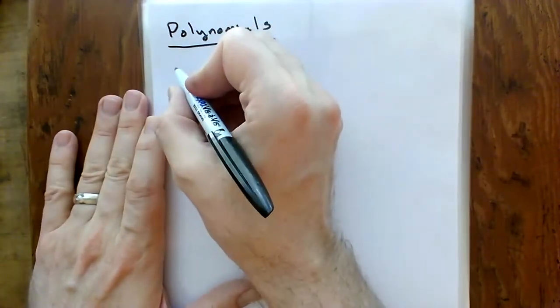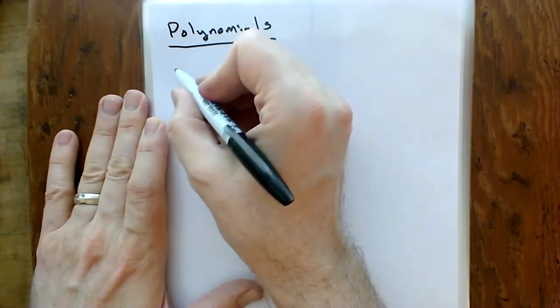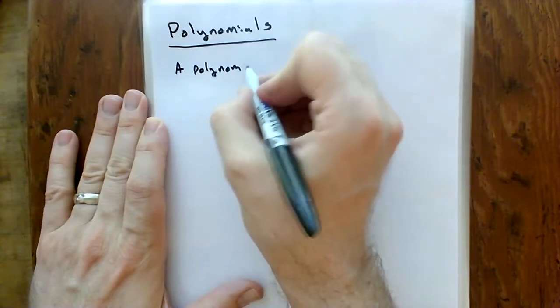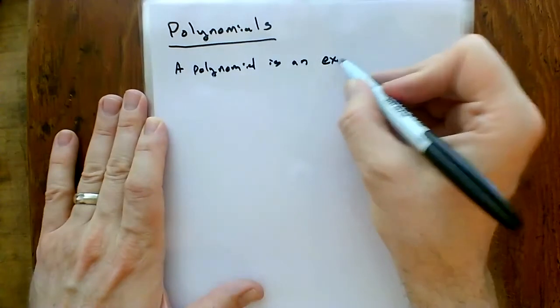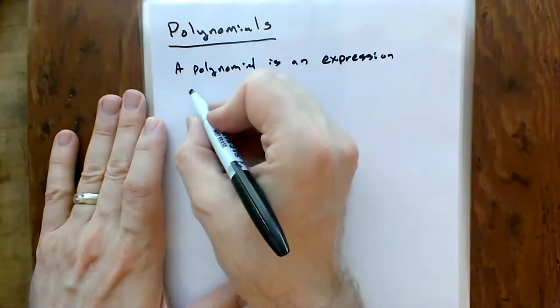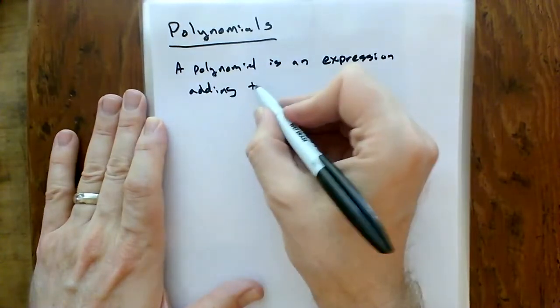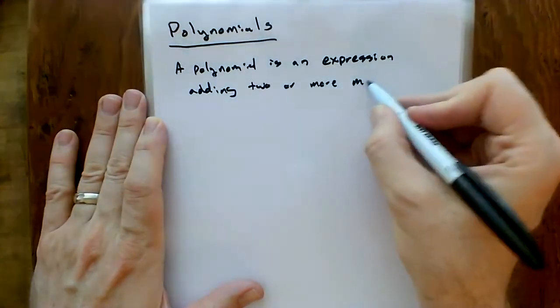And simply put, a polynomial is an expression adding two or more monomials.